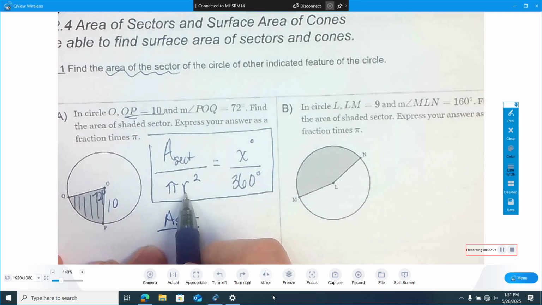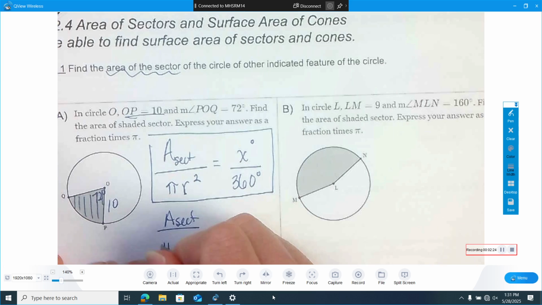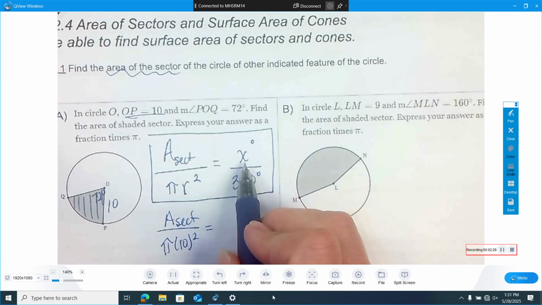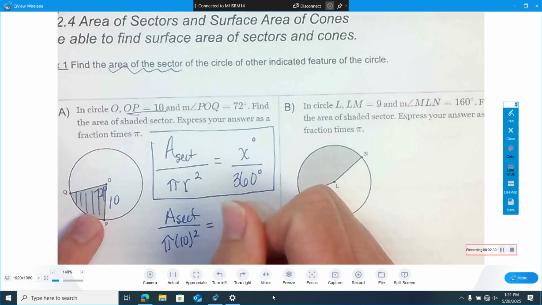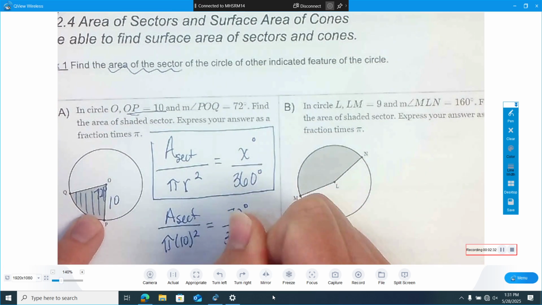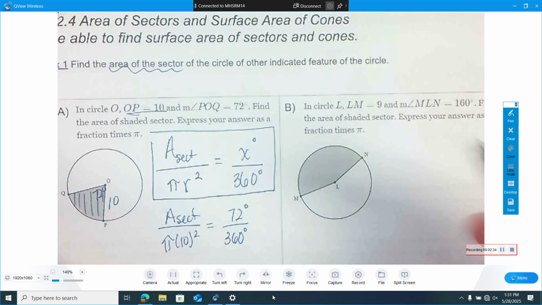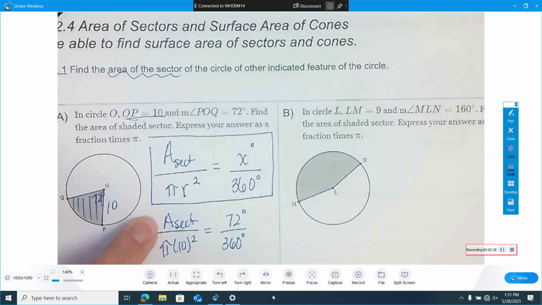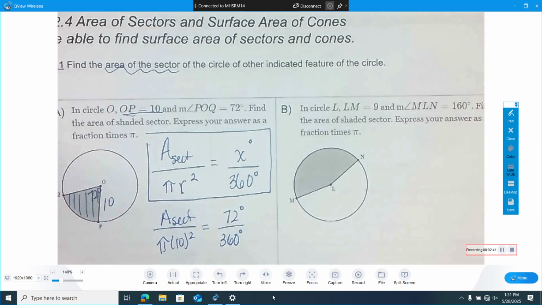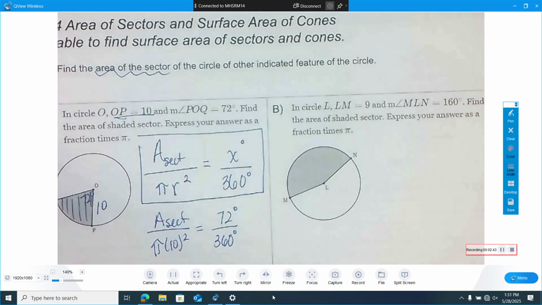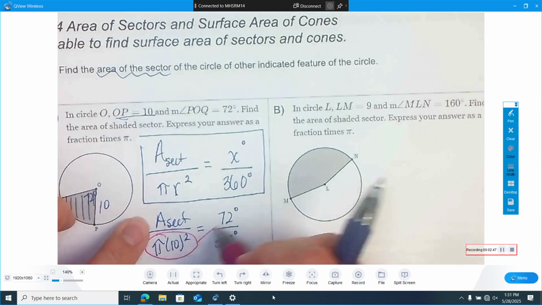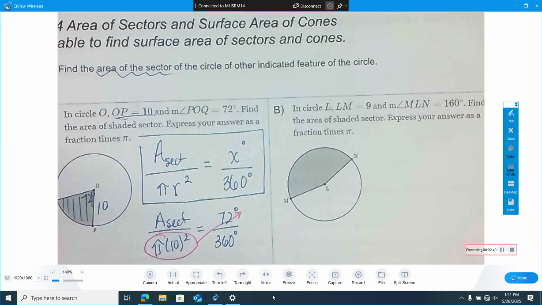All right, we're trying to figure out the area of the sector. And we know the radius is 10, so we're going to do pi times 10 squared. And what is our central angle measure here? 72 degrees out of 360 degrees. And all we need to do is get area of a sector all by itself. So what should I do here? Cross multiply. Yeah. We're going to take this denominator and multiply it to the other side to get rid of it.